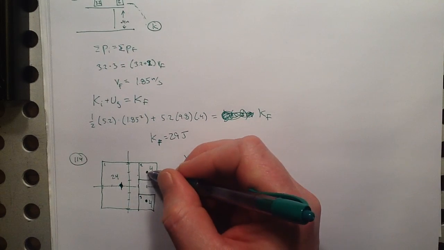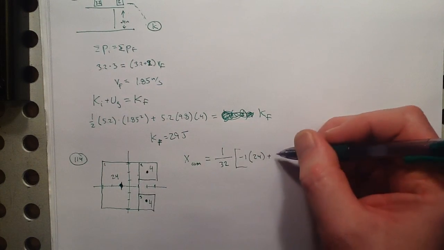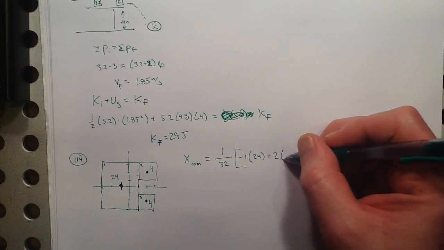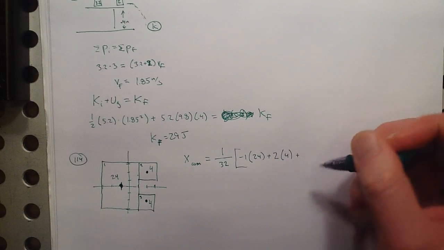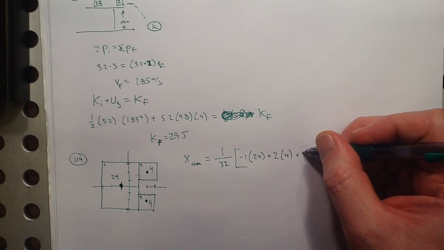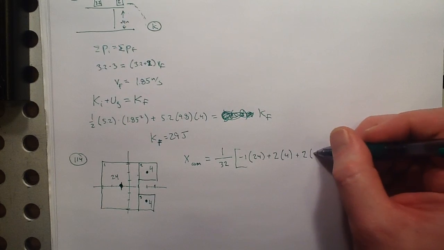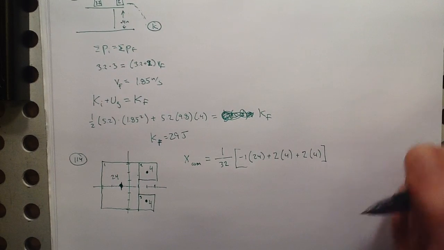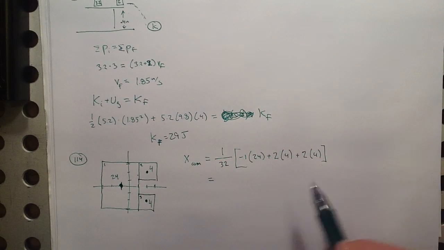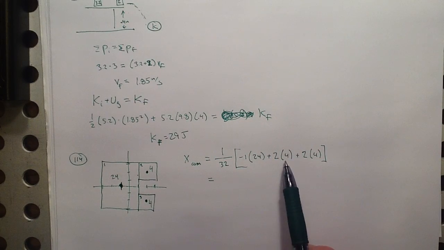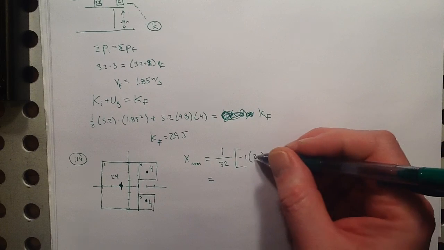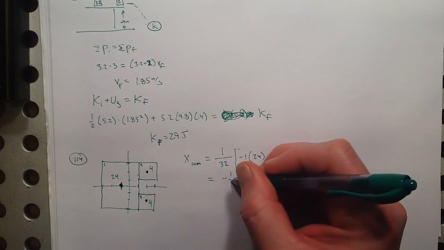The second particle is an x-coordinate of 2, has a mass of 4. And the third one has an x-coordinate also of 2 and a mass of 4. And that's -24 plus 16, that's -8, so that's -1/4.